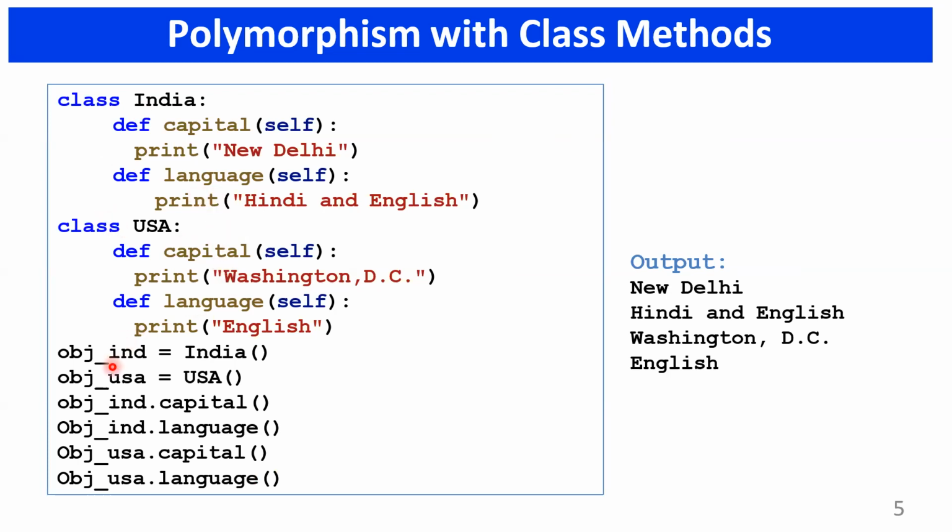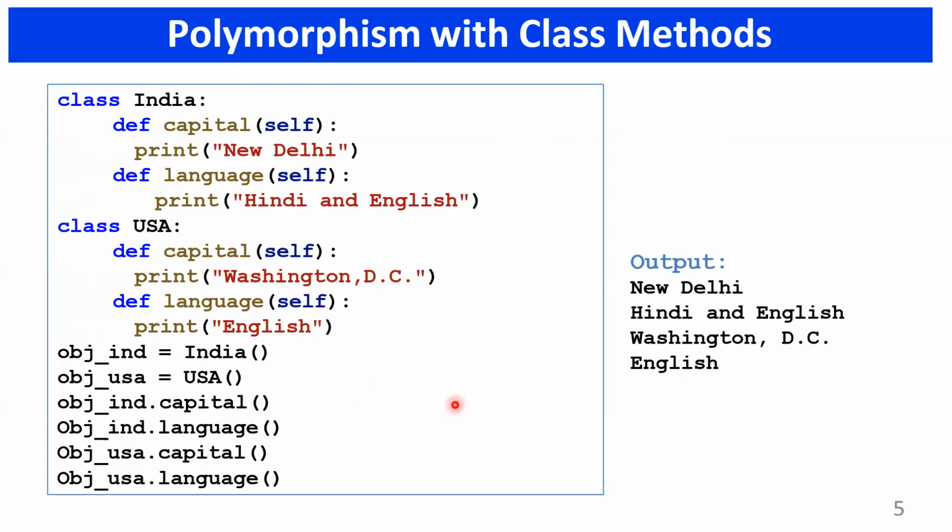Now let us see. obj_int is an object of India class. We are creating obj_int, which is an object of India class. And similarly, obj_USA is an object of USA class. Now, we invoke the methods capital and language on obj_int and also on obj_USA.